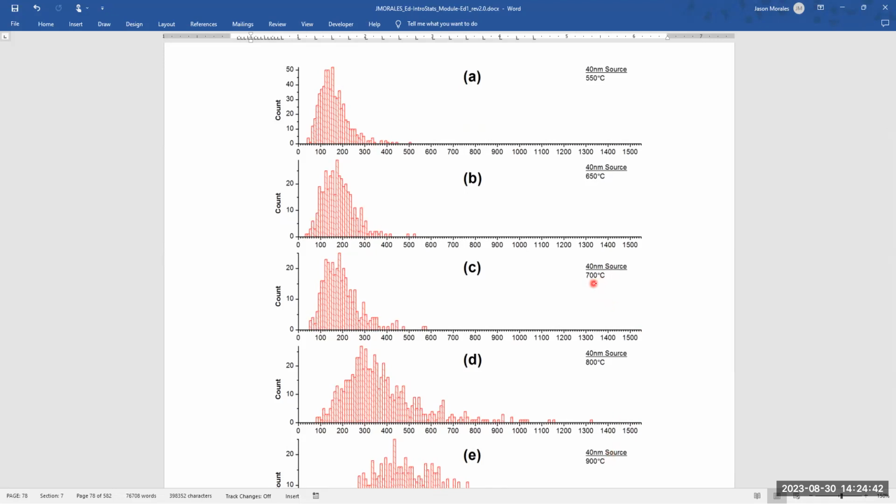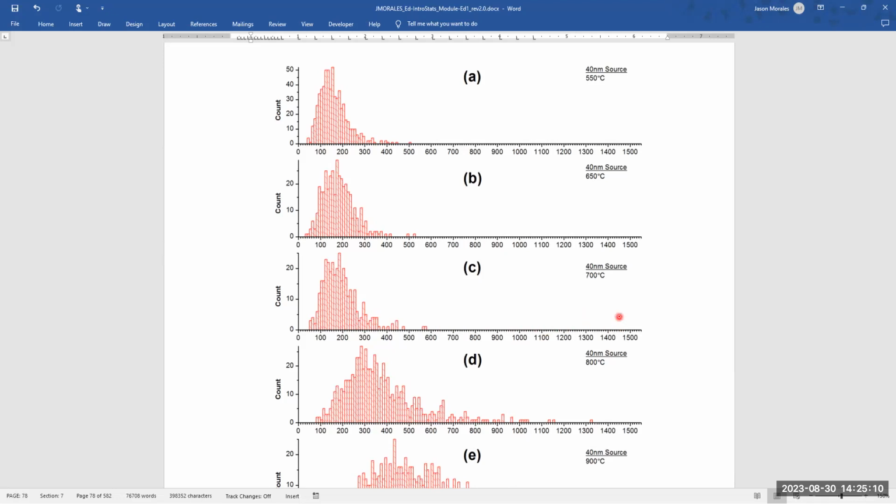So the answer is 700, because at 700 degrees centigrade, the grain sizes still remained roughly the same. It was when I went from 7 to 8 that the histogram started to shift to the right and shift to higher grain sizes. So 700 degrees is the maximum temperature I would want to go in.